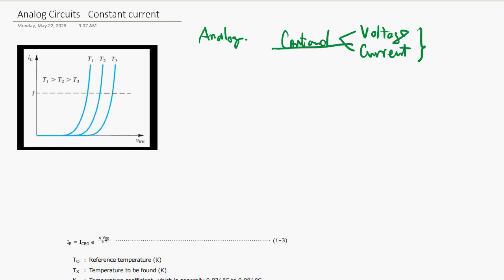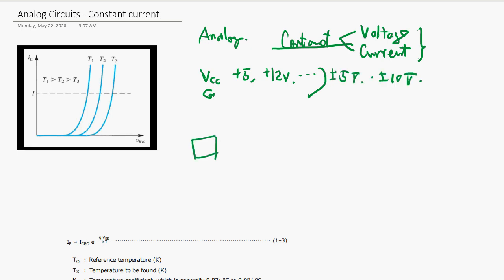What is constant? Constant against what? Analog chip has a VCC, typically plus 5 or 12 volts, sometimes different, and the ground. This VCC has a plus or minus 5 volt, or sometimes plus or minus 10 volt variation. The internal circuit provides a constant voltage from ground.